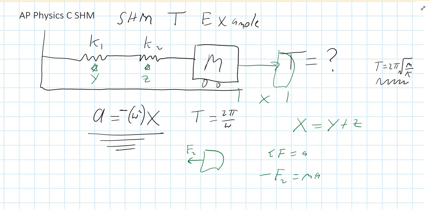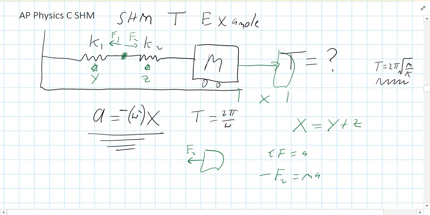Now, we also should know, if I look at this spot right here, spring 2 is pulling to the right there, that's F2. Spring 1 is pulling left, that's F1. Well, what do I know? If spring 2 is pulling on spring 1 and spring 1 is pulling on spring 2, what do I know about those two forces?